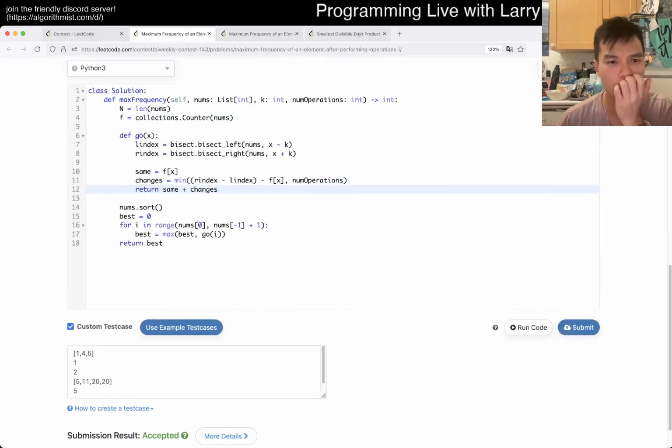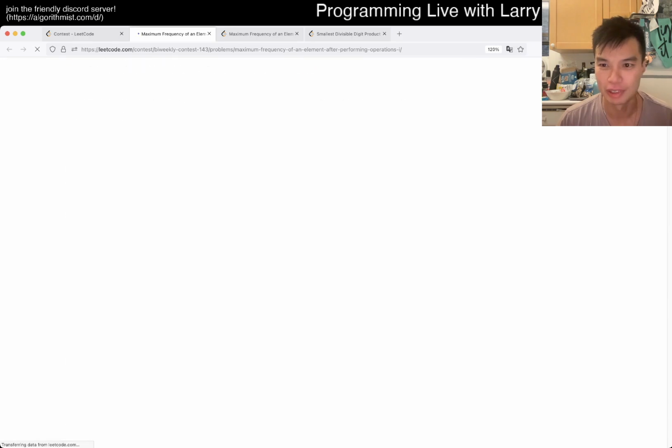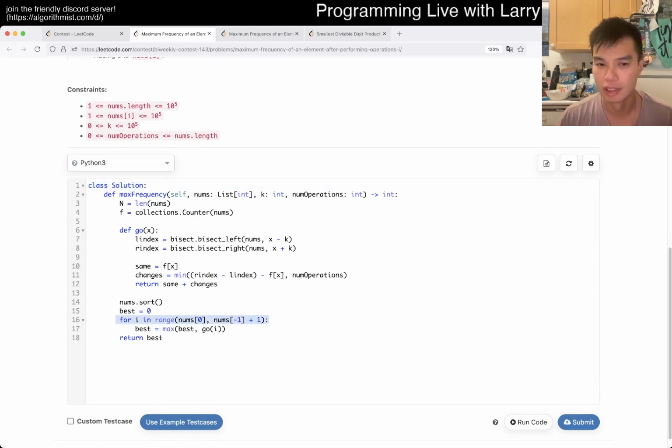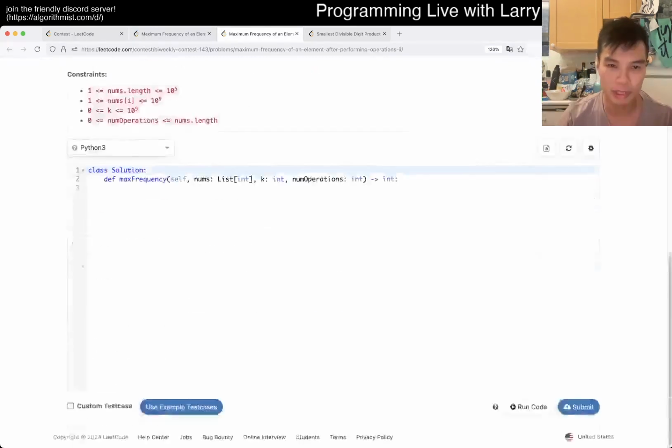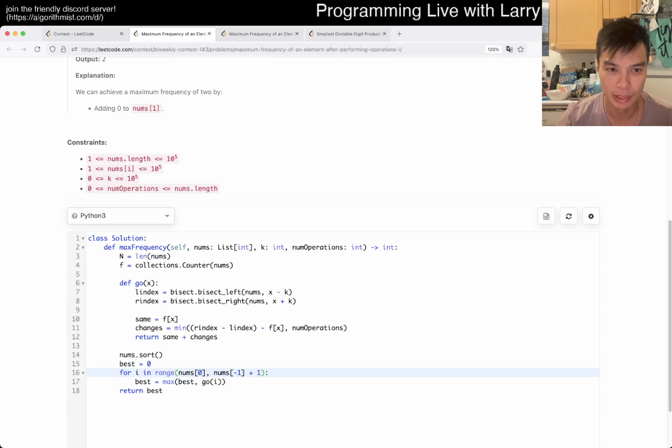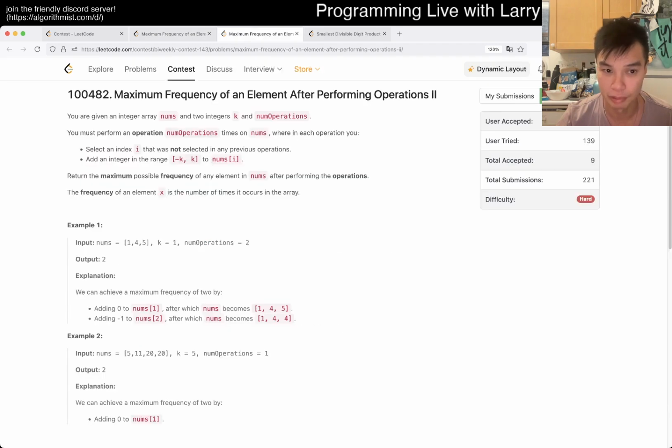Okay, does this work for Q3? I don't think so. Well, definitely not. This is on this range, right? Can we reduce it? We can reduce it by sliding window. So I'm looking at Q3, but the only thing that changes is that nums of I is a lot different, right?